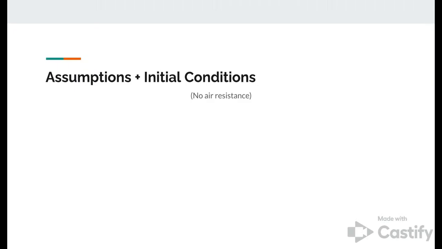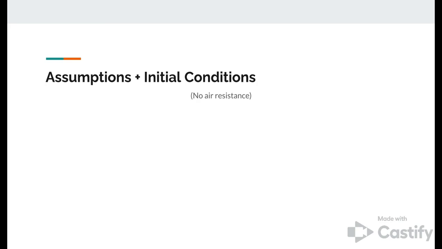So here are the assumptions and initial conditions. The first is no air resistance. We did not include that in our equation. But this is basically all the code before the while loop. So we set the variables. We have g equals 9.8, obviously.